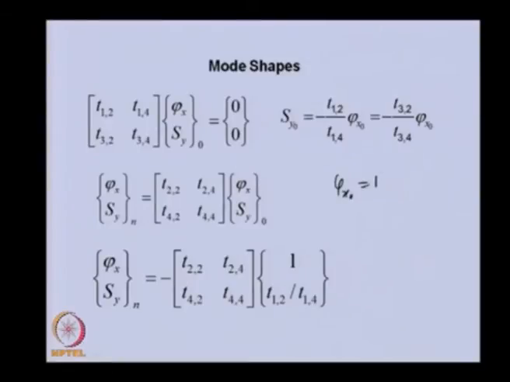So, we will be obtaining the mode shape with respect to this reference. I have substituted that as 1 here, and the shear force at the 0 station will then be given by either this or this, because now this is 1. So, this we are substituting here.